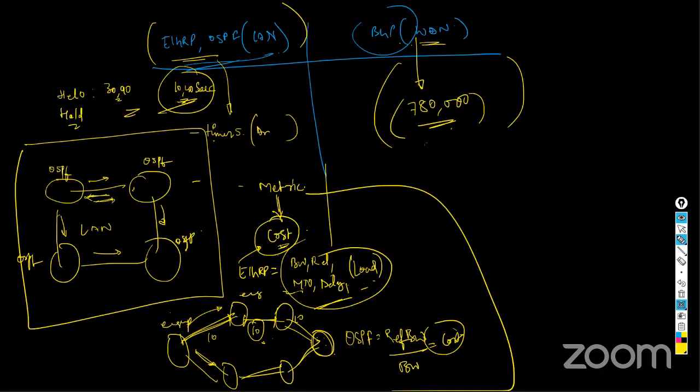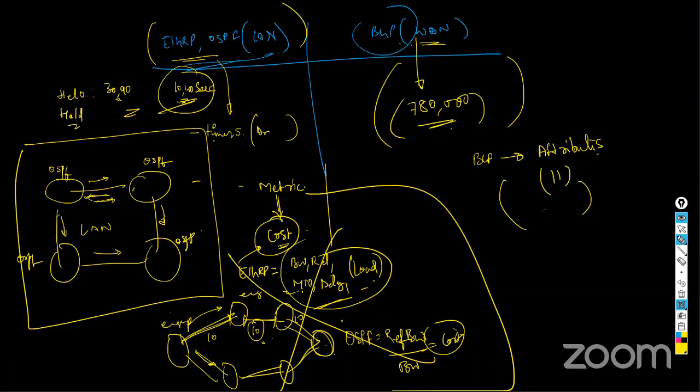I need a protocol which is very stable, which I can manipulate as per my requirement. BGP doesn't work on cost or a metric. It works on attributes. There are 11 best-path attributes, which is an advanced topic.